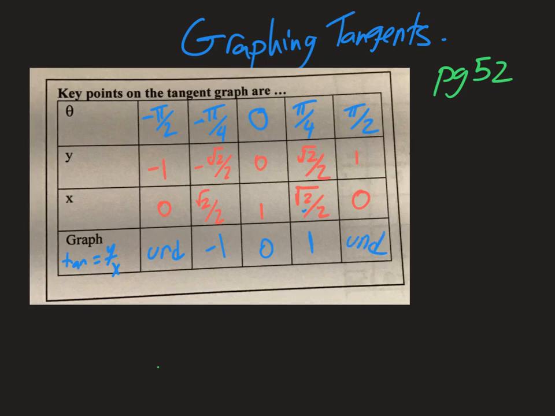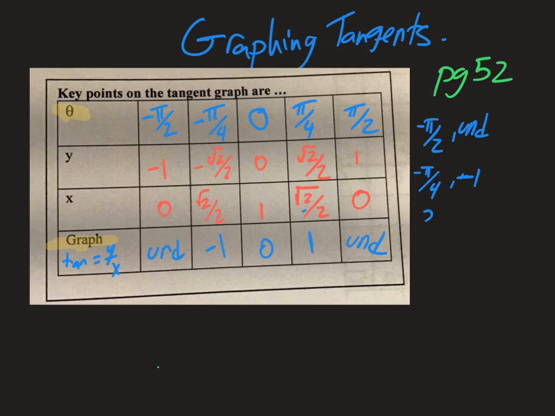So these two columns that I'm going to highlight, the graph column and the angle, are going to be my values that I use for tangent, okay? So if I was saying, hey, what are my key points for tangent? You would list them out like this: negative pi over 2, comma, undefined, negative pi over 4, and that's going to be negative 1.